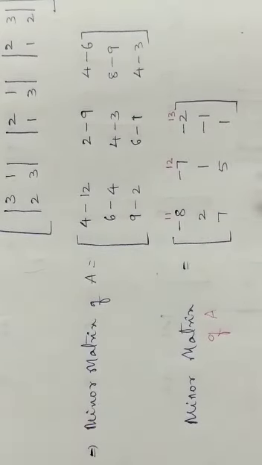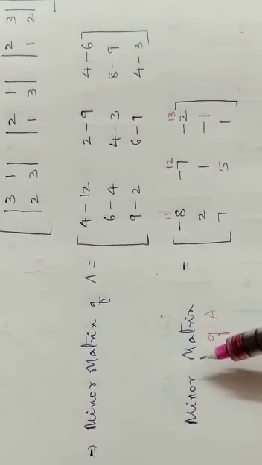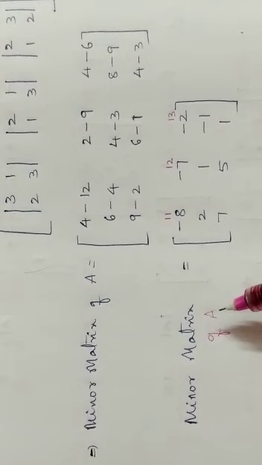This matrix is called the minor matrix of A.